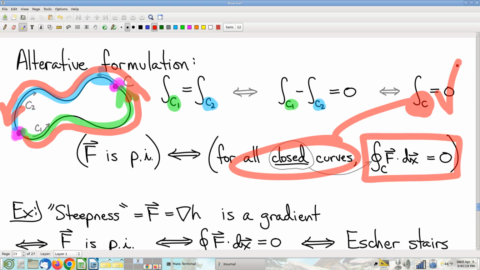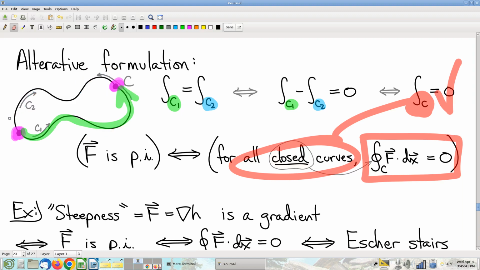That's a little bit more elegant, a little bit more crisp, you might say. Pros and cons: there are some situations where the green and blue point of view on path independence is particularly useful, but there are also situations where this closed curve point of view can be really useful.